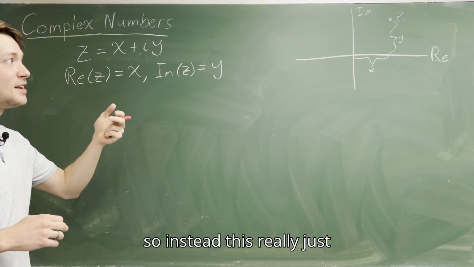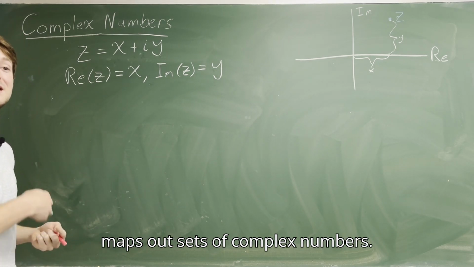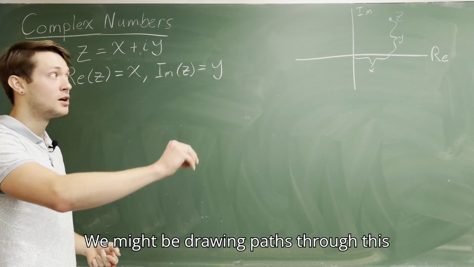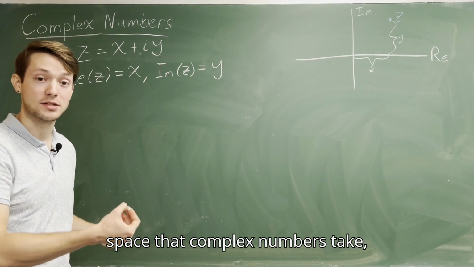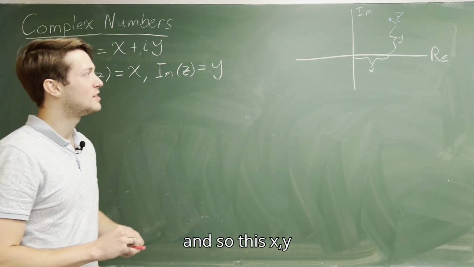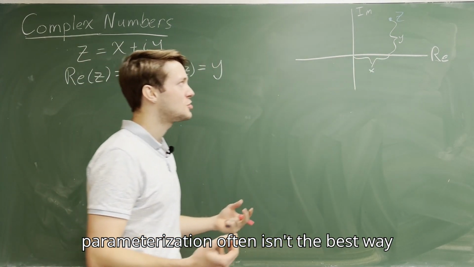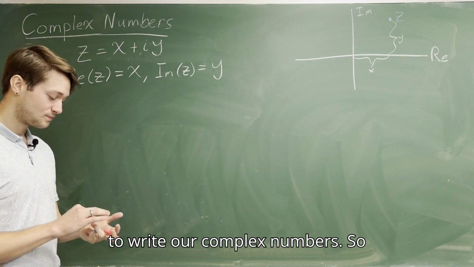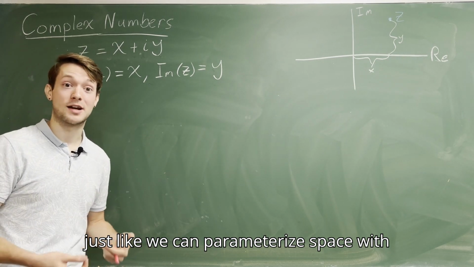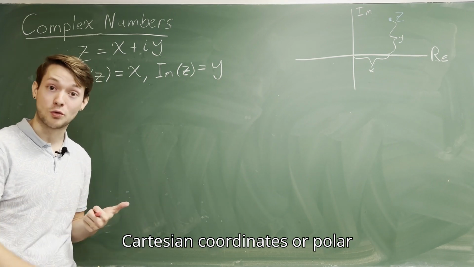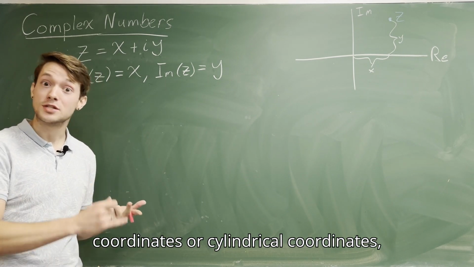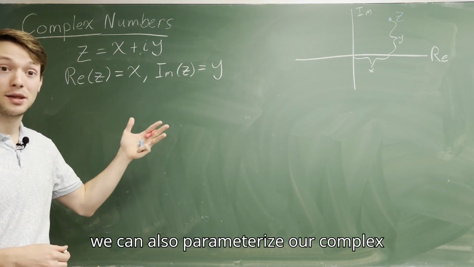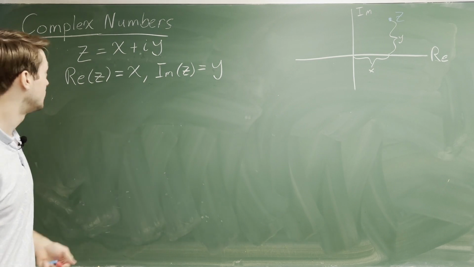So instead, this really just maps out sets of complex numbers. We might be drawing paths through this space that complex numbers take. And so this xy parameterization often isn't the best way to write our complex numbers. So just like we can parameterize space with Cartesian coordinates or polar coordinates or cylindrical coordinates, we can also parameterize our complex number space in different ways.